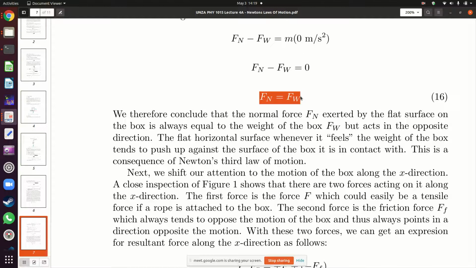So the first conclusion we make is that when you put a mass on a flat surface, that particular mass will exert a weight on that flat surface, but that flat surface will not sit idle. The flat surface will push back against that mass with an equal but opposite force.